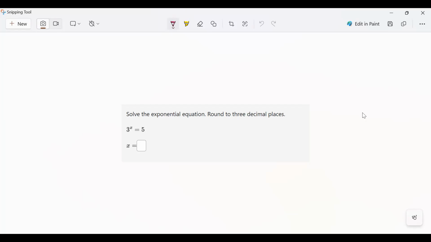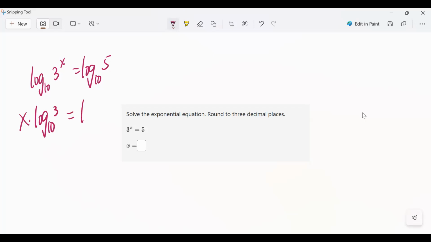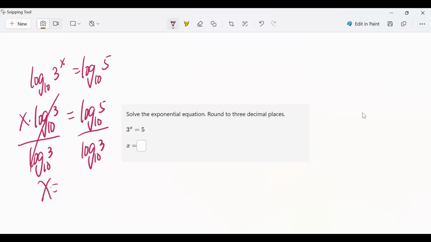Okay, let's go over the solutions. So we're going to change the base, either turning it to base 10, right? So log 10 of 3 to the x, and log 10 of 5. You can also take an ln, right? It doesn't matter. So x goes in front. I'm going to show you both. Now we divide both sides of the equation by log 10 of 3. Cancel that, x is by itself, so that we get 3 decimal places.